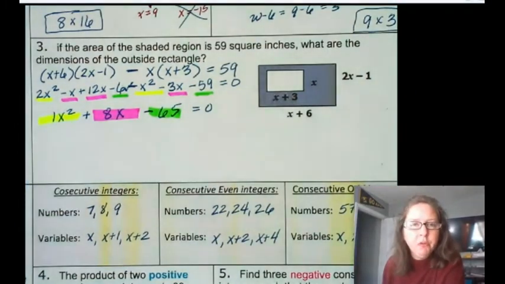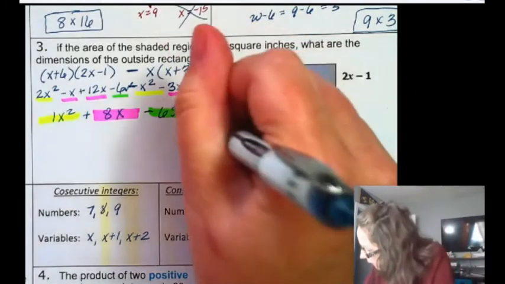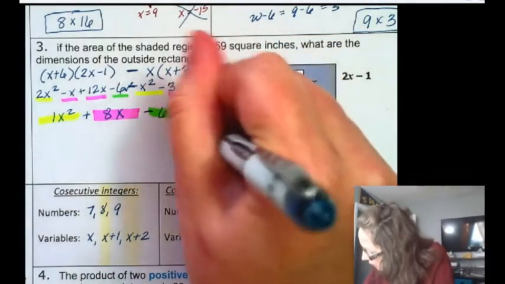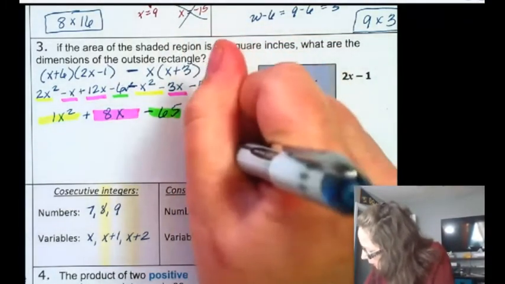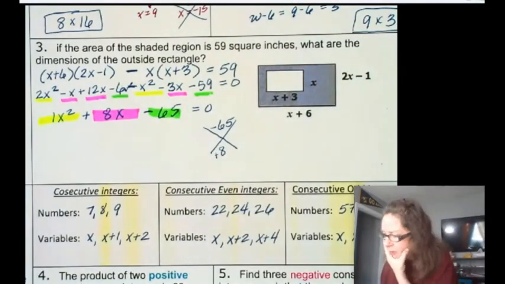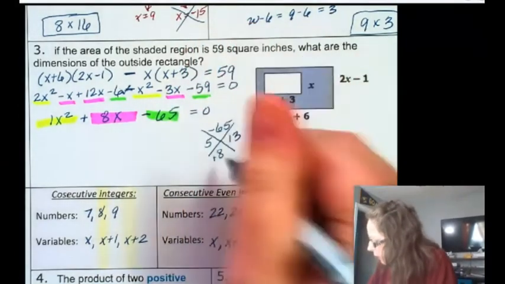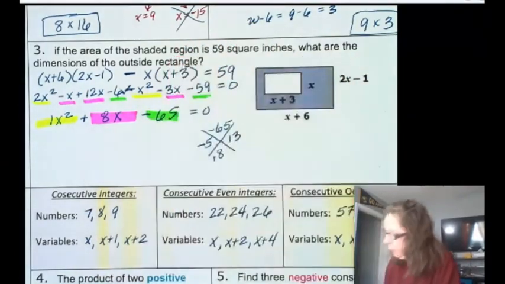Okay, now I'm ready to do the factoring step. So if I have negative 65 up here and a positive 8 down here, I think 5 times 13, but the 13 has to be positive to get to the 8.